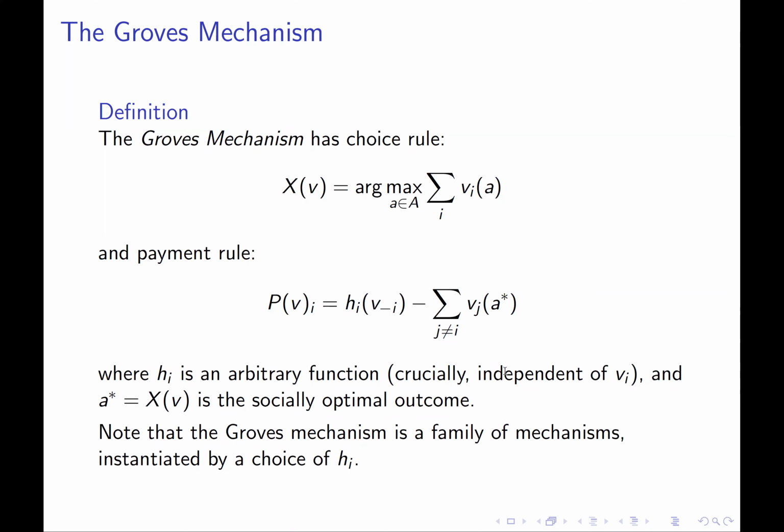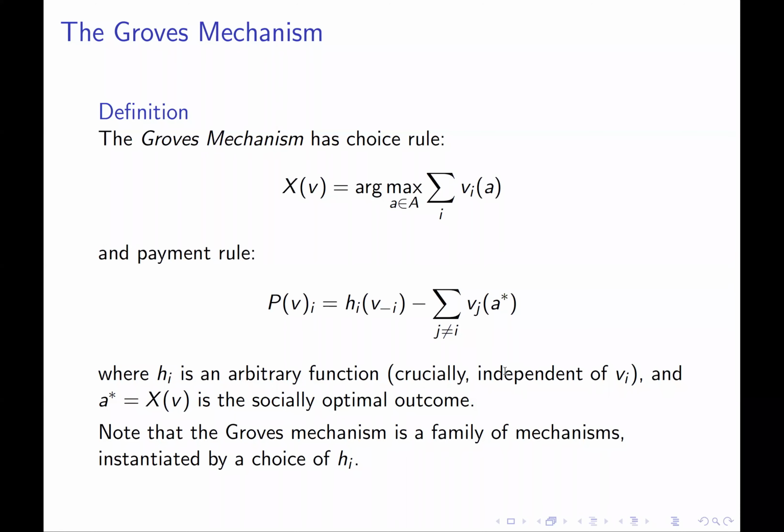They're defined as follows. Again, just as in the single item auction setting, all of the action here is in designing the payment rule. If we want our mechanism to be both dominant strategy truthful and allocatively efficient, we have no choice about what the choice rule should be. The choice rule has to always select the alternative that maximizes the sum of the reported agent valuations.